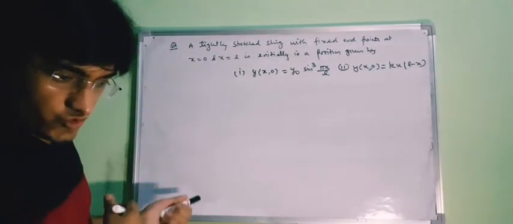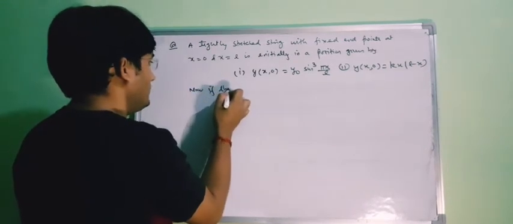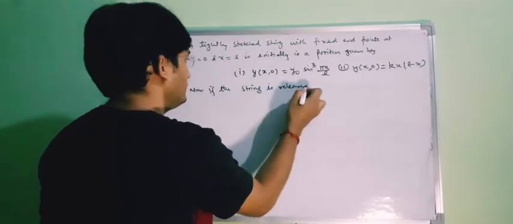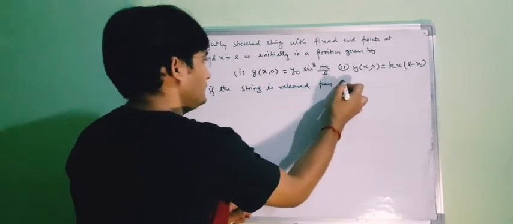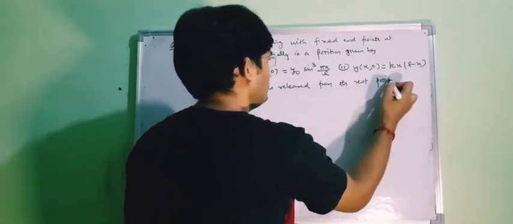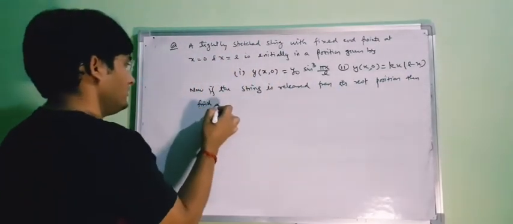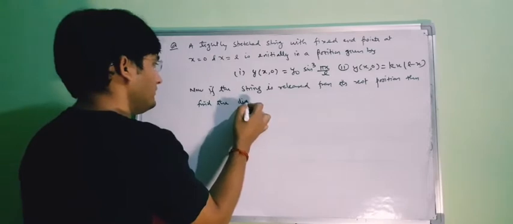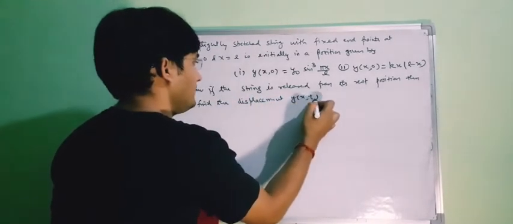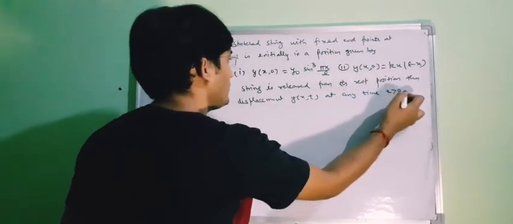Now, if the string is released from its rest position, then find the deflection or displacement y(x,t) at any time t greater than 0.